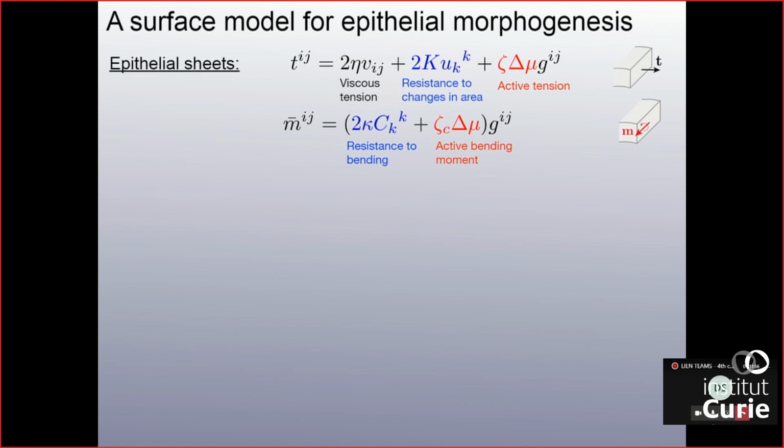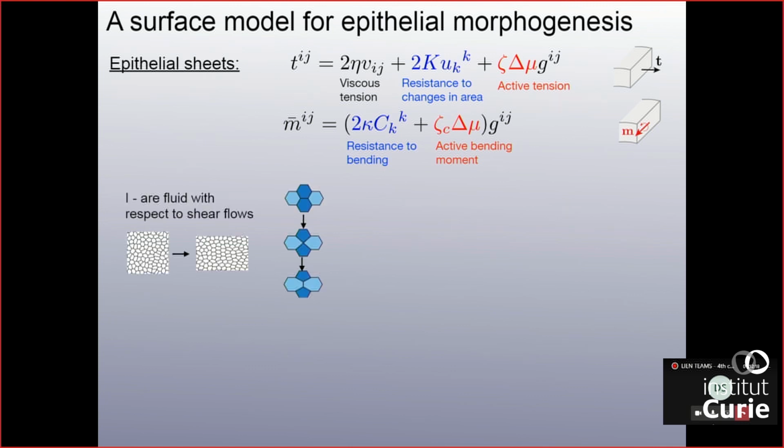But there are additional terms, notably now we can take into account the internal bending moments because epithelia are thick. So approximating them by simple surfaces is probably going to be incorrect, because along the cross-section, they are structured.